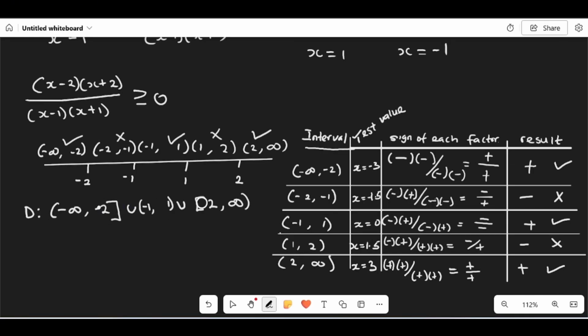Minus 2 and 2 are the values that make our numerator 0, which is valid. But when our denominator is 0, this expression will be undefined. So we have to exclude minus 1 and 1 from our domain.